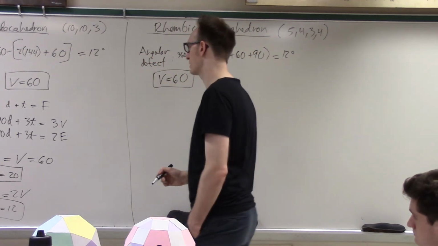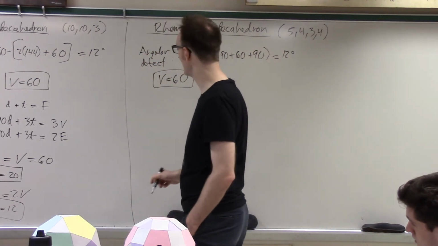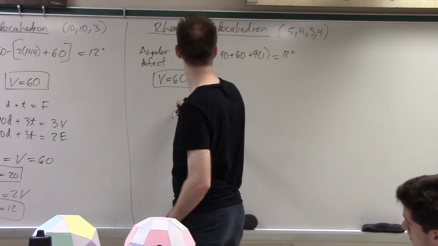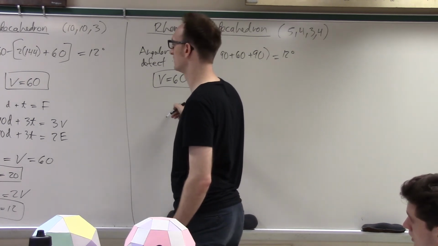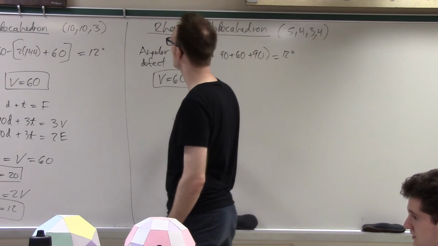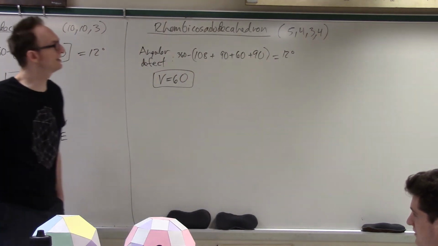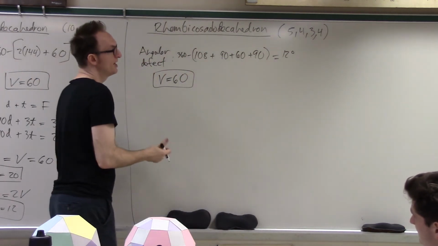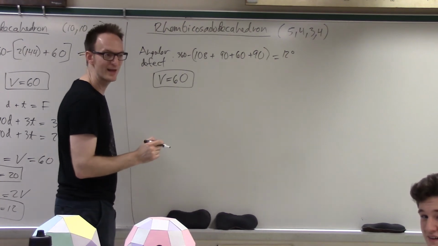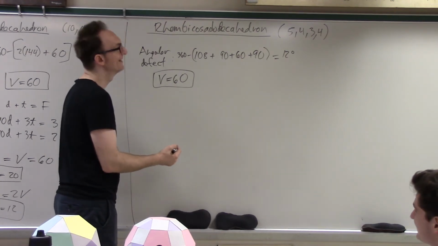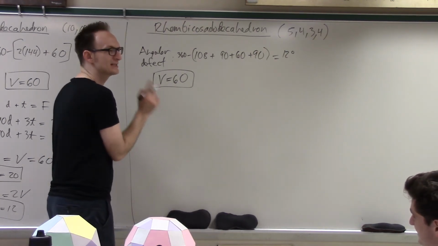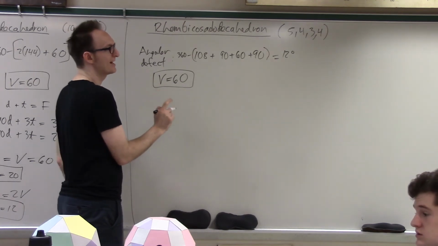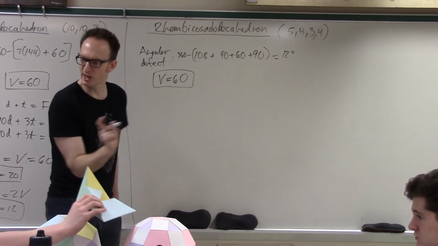One down, more to go. Now we have to be a little bit careful. Looking at it vertex by vertex, I have to be more careful the way I do this.